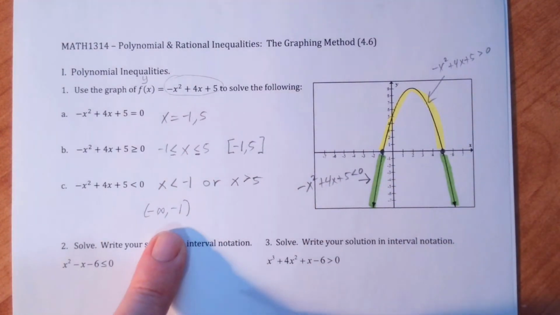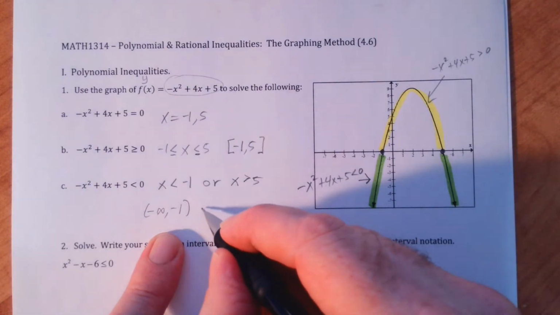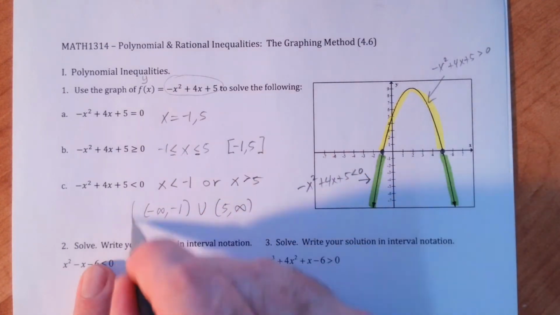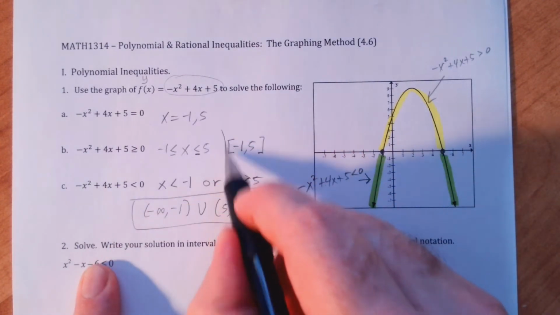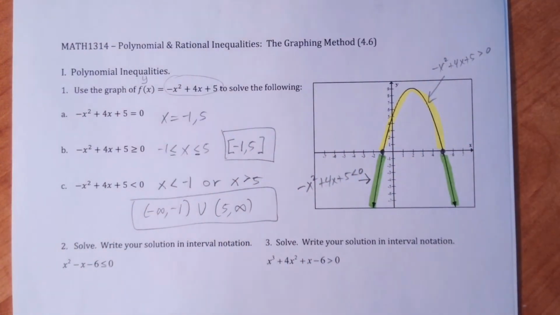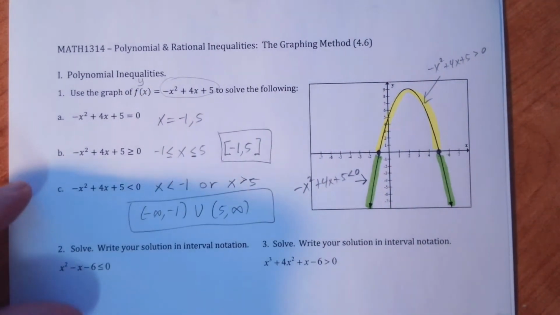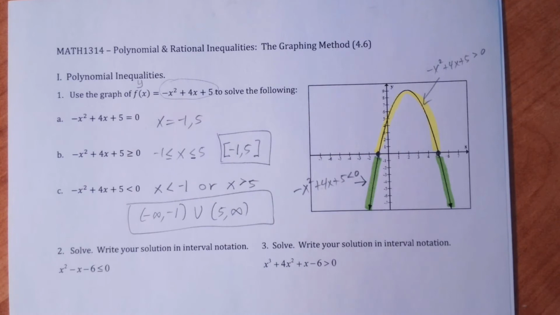Those are the values that are less than negative 1. And we're going to union that with the values greater than 5, so from 5 to infinity. Now, it didn't say interval notation, but that's what we normally use if we have a set of numbers here. And so we're going to use this idea as we do the following problems.